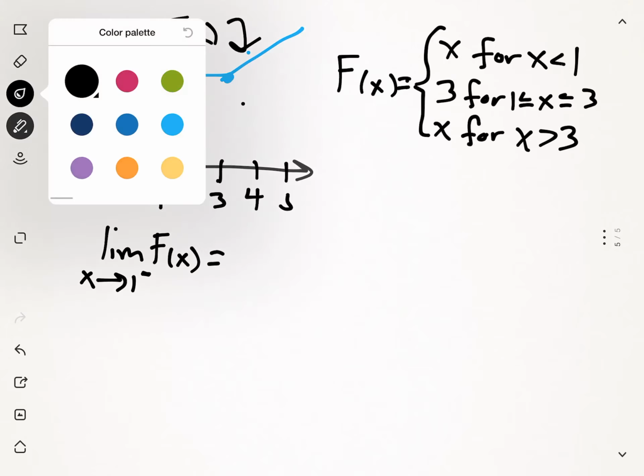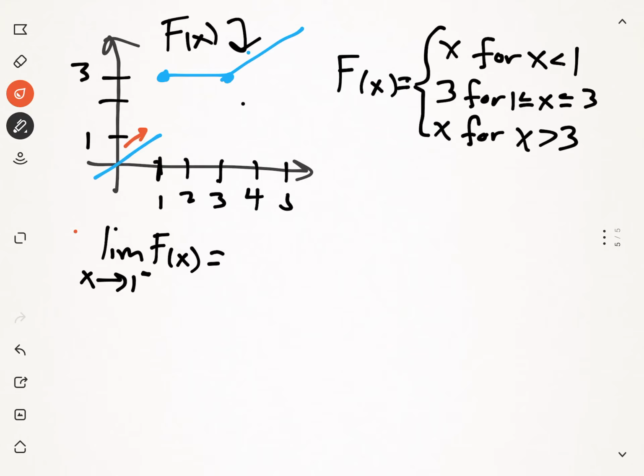If I approach 1 from the left, I'm going this way, and I'm going to stop when I get to 1. I ask myself, when x is 1, what is y?